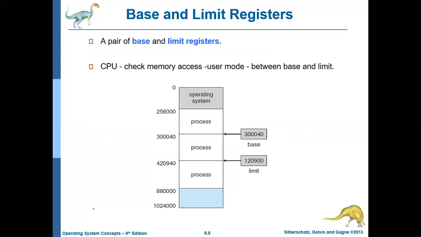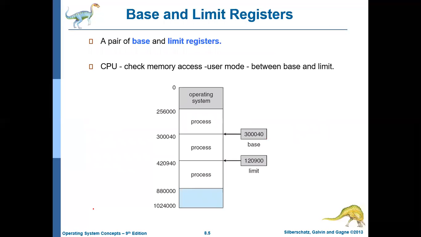So every user process will have a certain limit of memory. They can access only those locations. They cannot access beyond that. So if a user process is allocated some X amount of memory, it can access only that much. So this should be ensured. This is called ensuring correct operation.